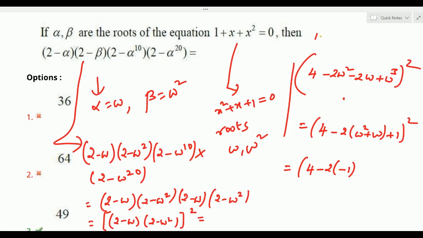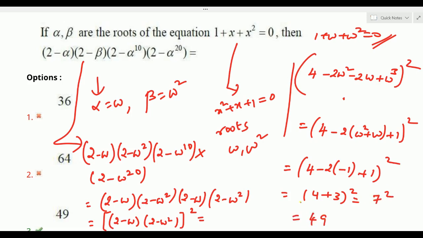By using 1 plus omega plus omega square is 0. So omega square plus omega is minus 1, with plus 1, whole square. So this is 4 plus 2 plus 1, 3 whole square. 4 plus 3 is 7, 7 square is 49. The resultant is 49, given clearly as the third option, right?